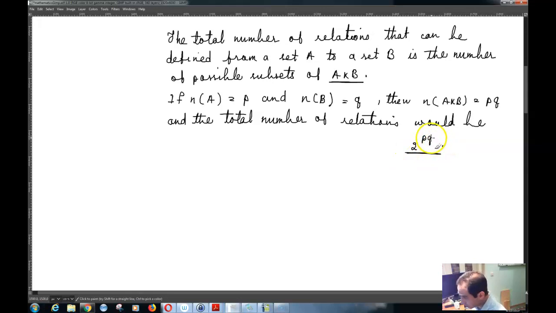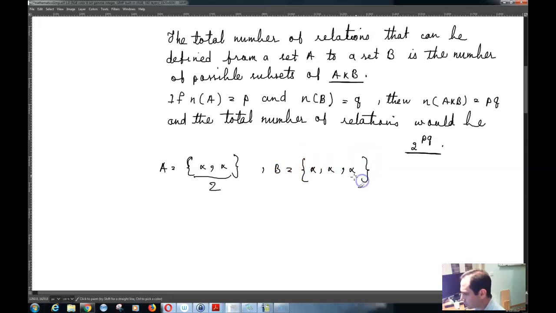Now I don't really know how they have calculated this. So p times q is basically the total number of elements in A times B. Suppose, for example, you have a set A with these 2 elements over here, and you have some set B which has these 3 elements.